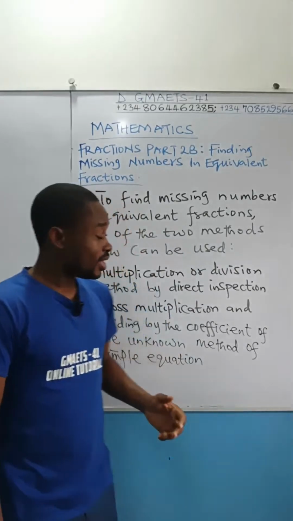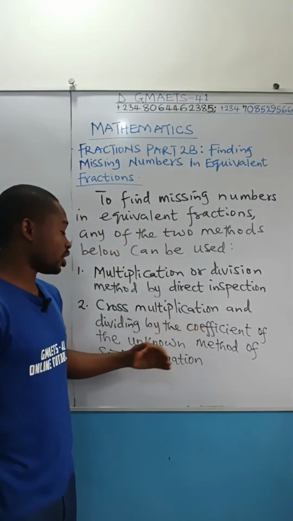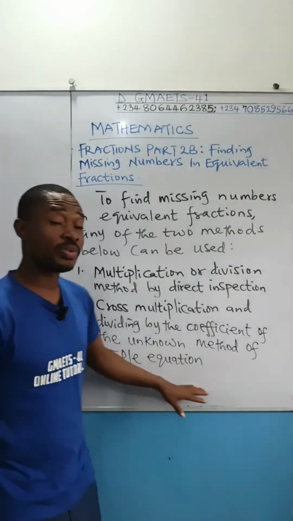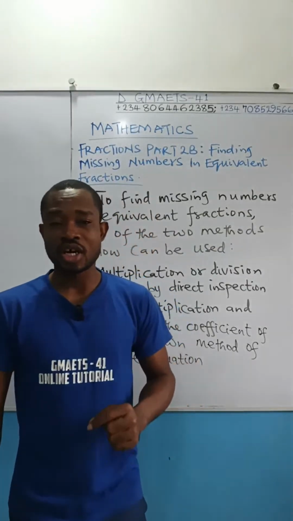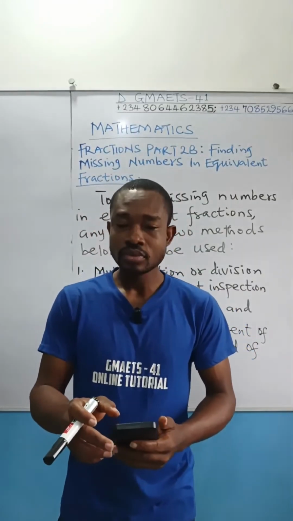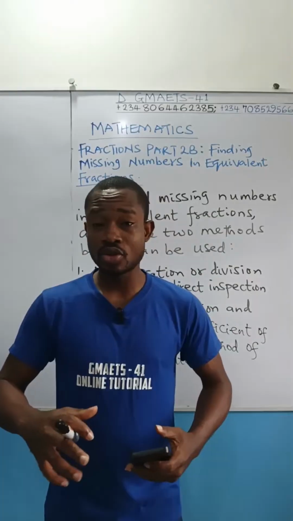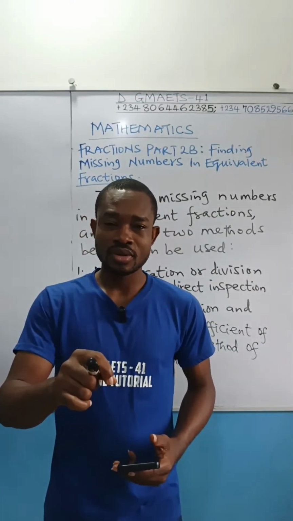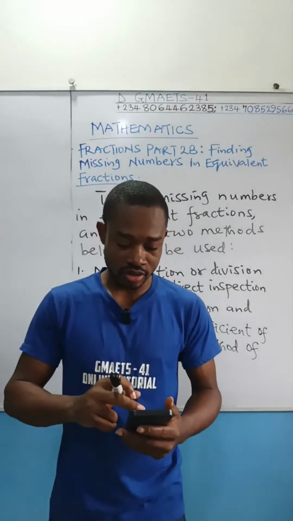And when I talk about cross multiplication and dividing by the coefficient of the unknown, this is from simple equation, which I have already taught you on this channel. So with these, you can solve questions on missing numbers involving equivalent fractions.